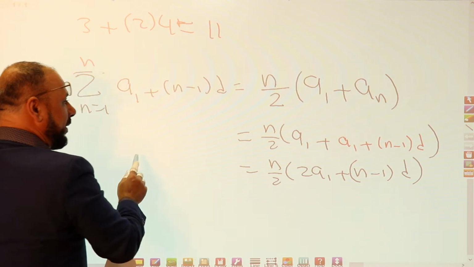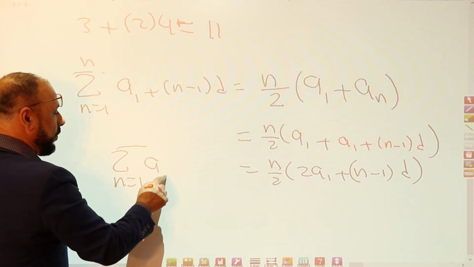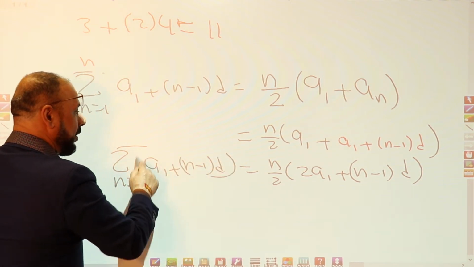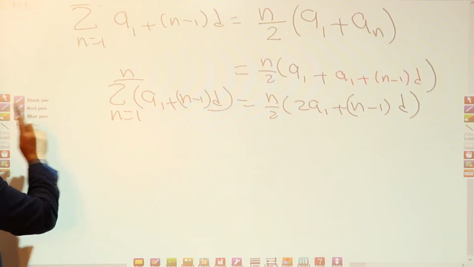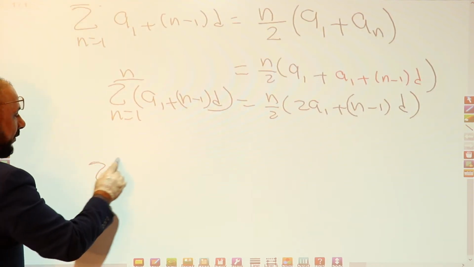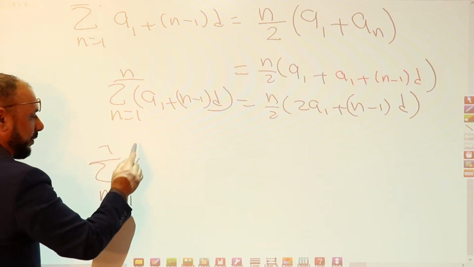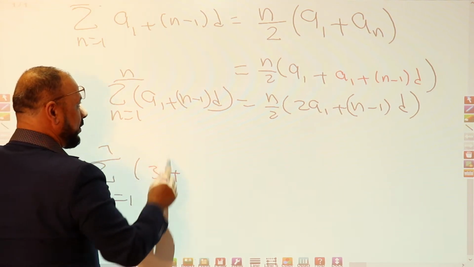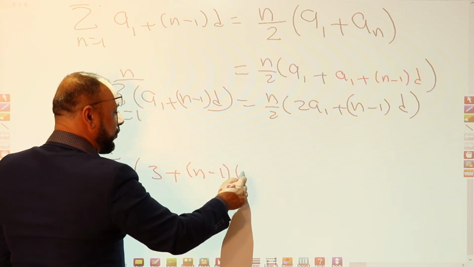In my example, the sum from n equals 1 of a1 plus n minus 1 times d, to n. As an example, if I need the sum from 1 to 7 of the previous example, 3 plus n minus 1 times d, which is 4.